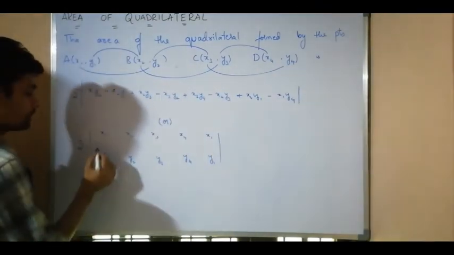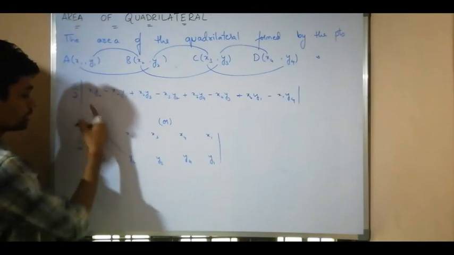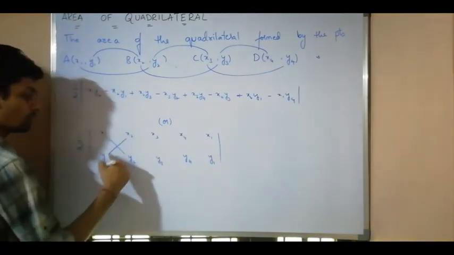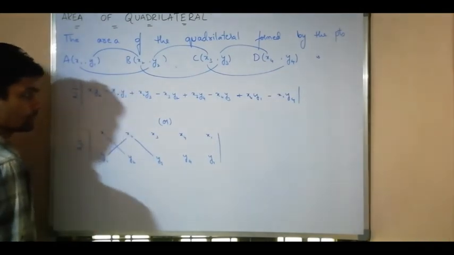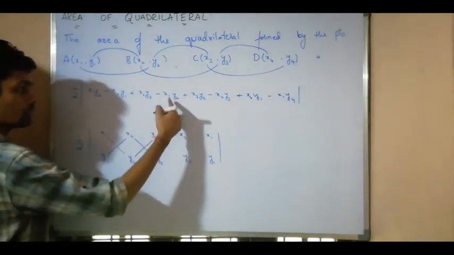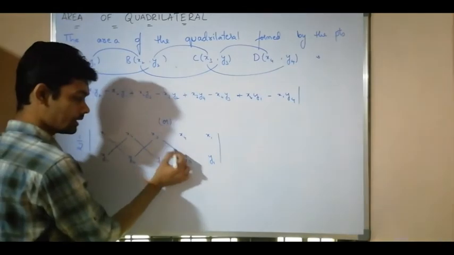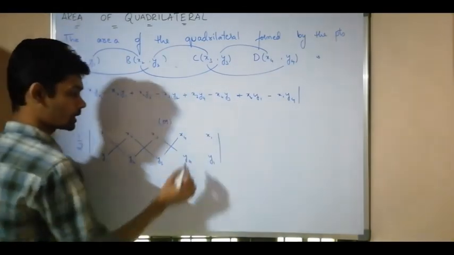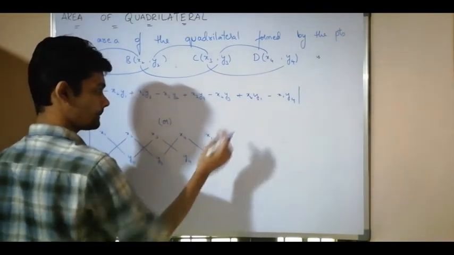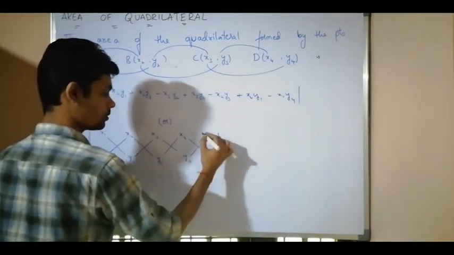Now cross multiply: x1 into y2 minus y1 into x2, x2 into y3 minus y2 into x3, x3 into y4 minus x4 into y3, x4 into y1 minus x1 into y4.